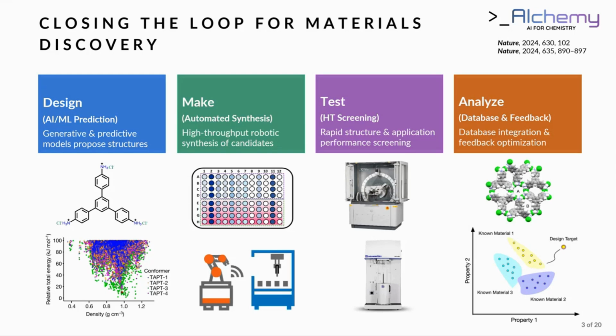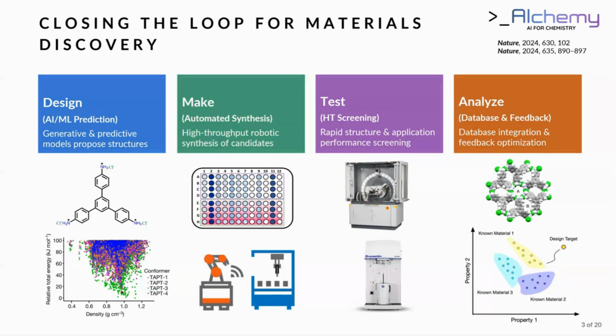Depending on the material class and application, different characterization methods are demanded to evaluate their structure or performance. And finally, in the analyze stage, the results are stored, compared, and fed back to refine the models, closing the loop.